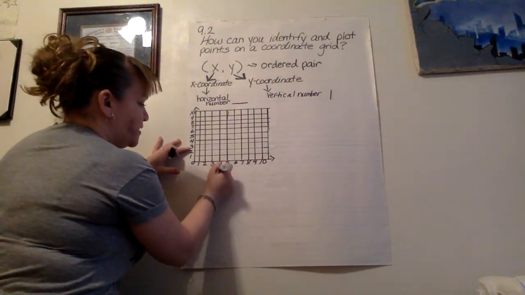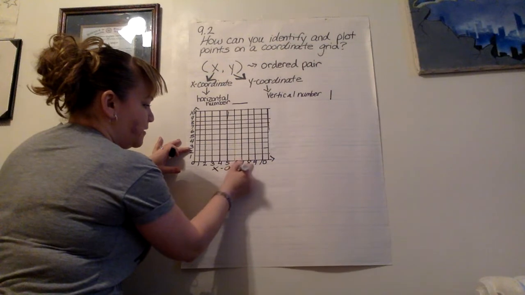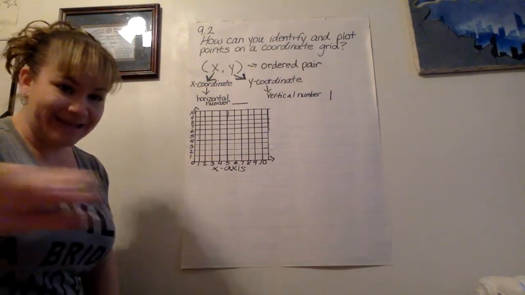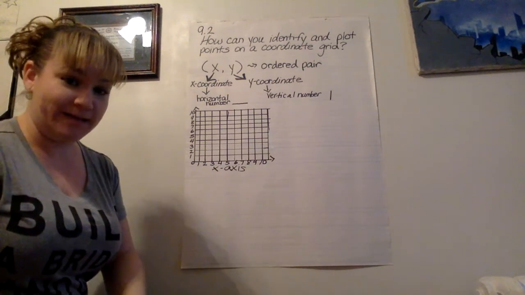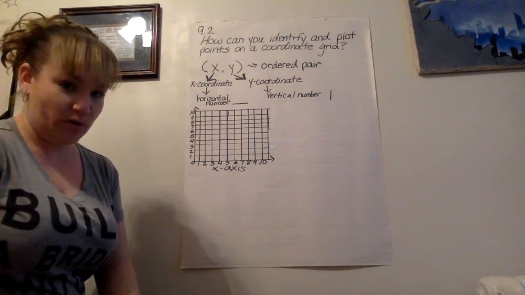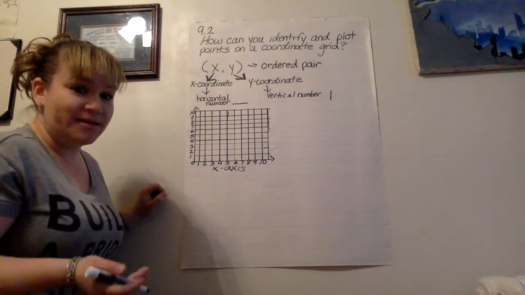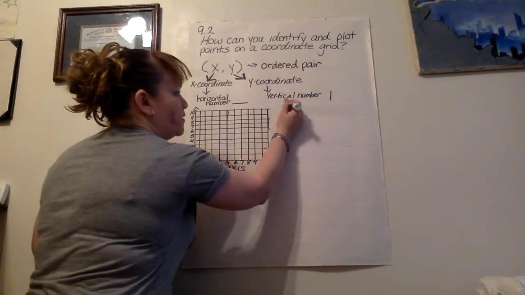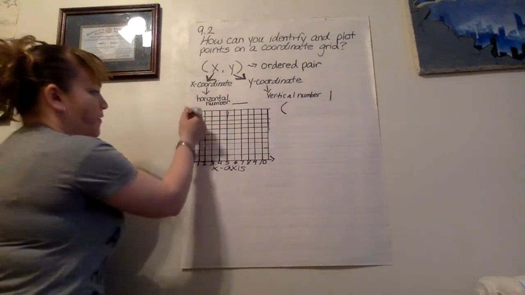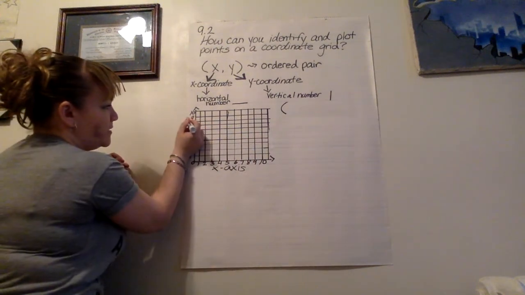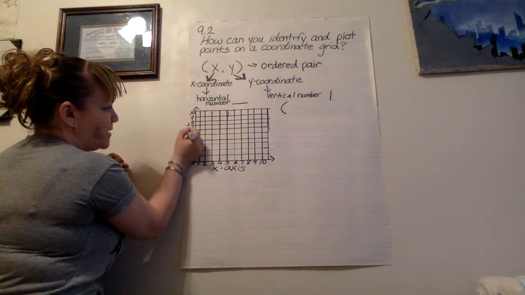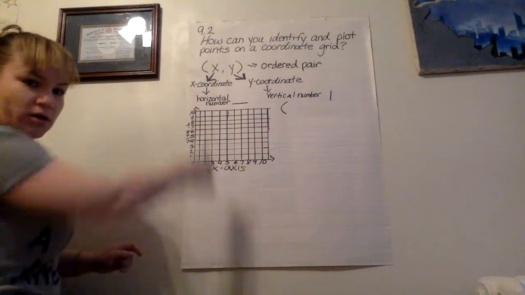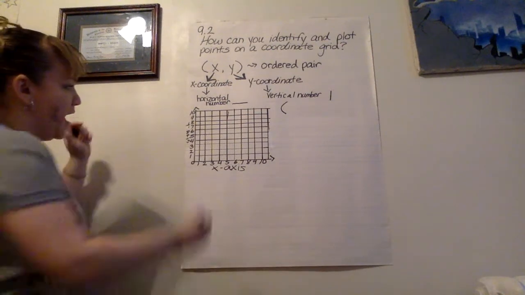So in other words, this is your X axis down here. All numbers going horizontally are the X axis, and they are the X numbers. So they'll go first in your ordered pair. On the side here is the Y axis, and all the numbers on the vertical, up and down side are your Y axis.